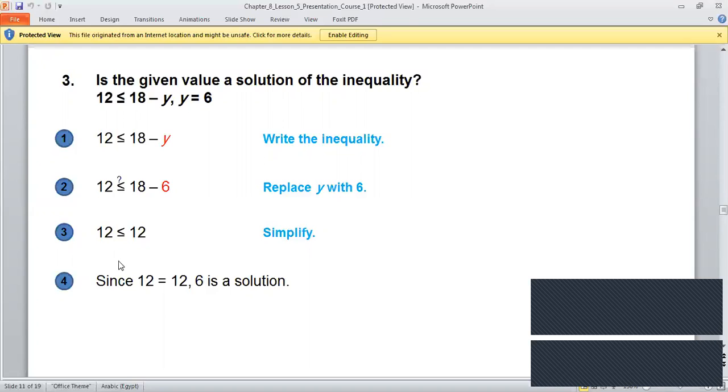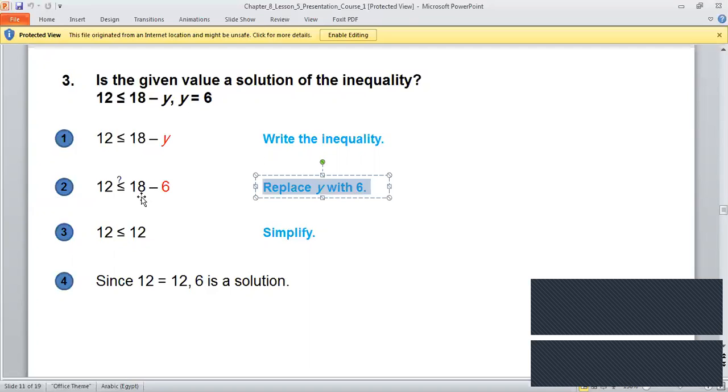So what will we do, Muhammad? We will remove y and replace it with 6. We can call it replacement or substitution.